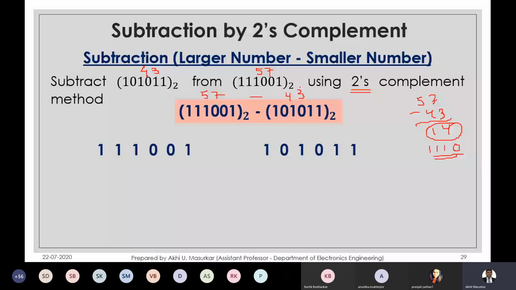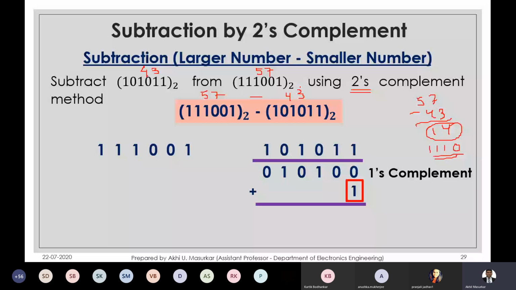If I add 1 to it, I will get the 2's complement. This entire thing is step number 1. So I took the smaller number, took its 1's complement, then added 1 to it, so that became my 2's complement. Now this 2's complement number I took here.